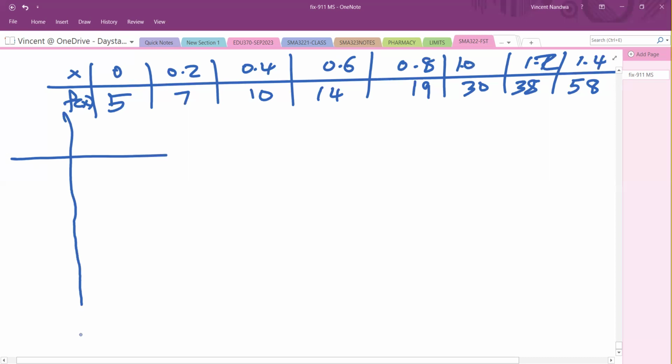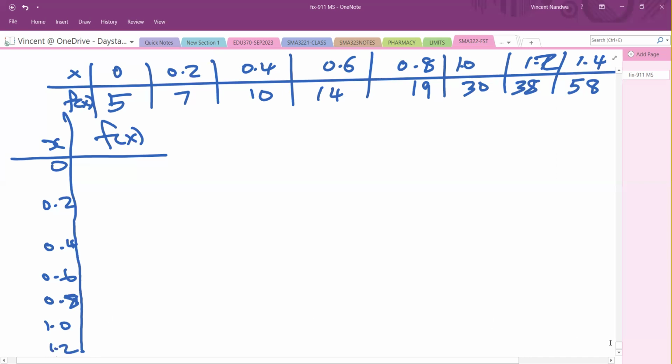So we are not doing the whole problem, but I want us to make this table: x is 0, 0.2, 0.4, 0.6, 0.7, 0.8, 1.0, 1.2.